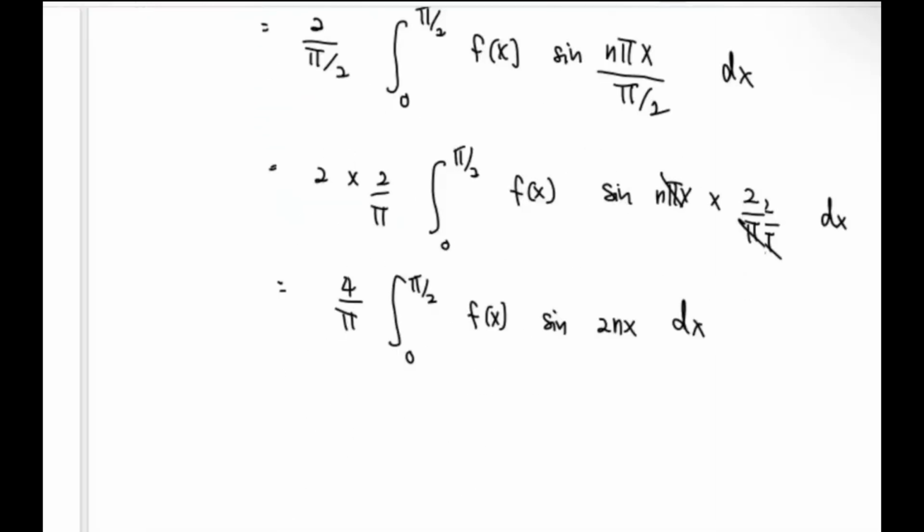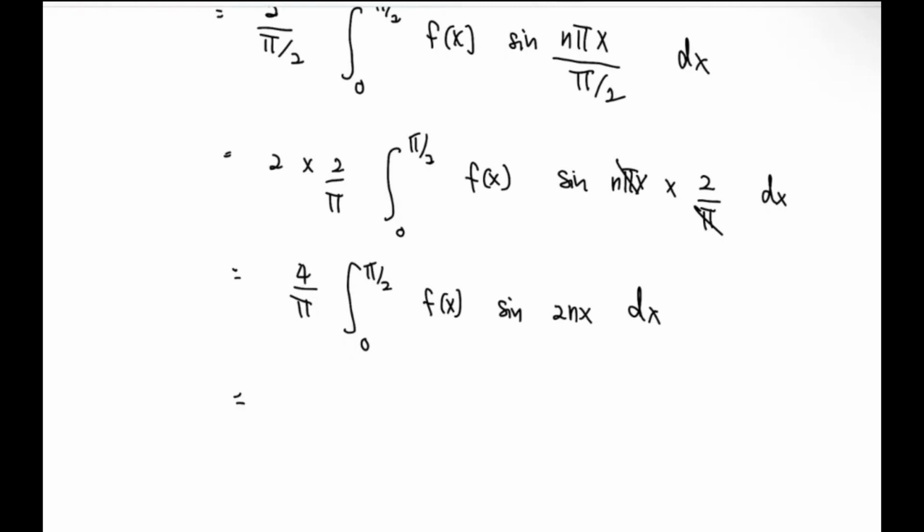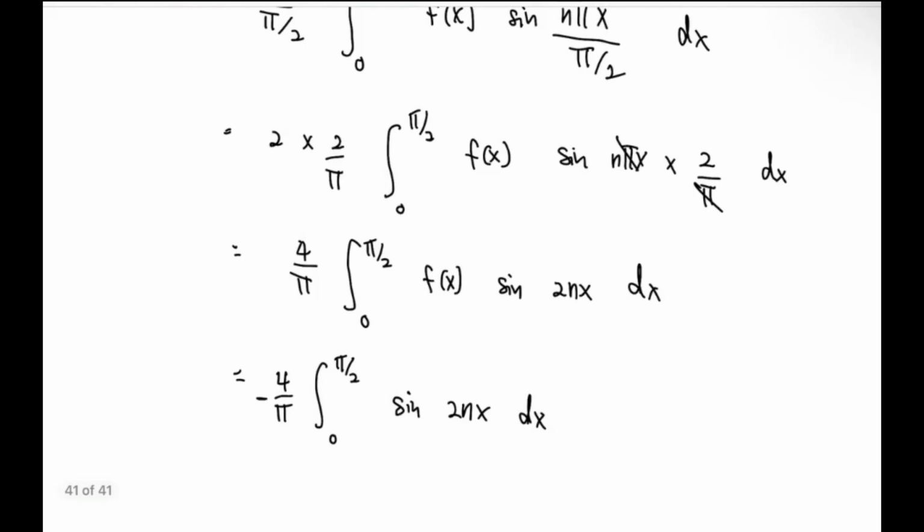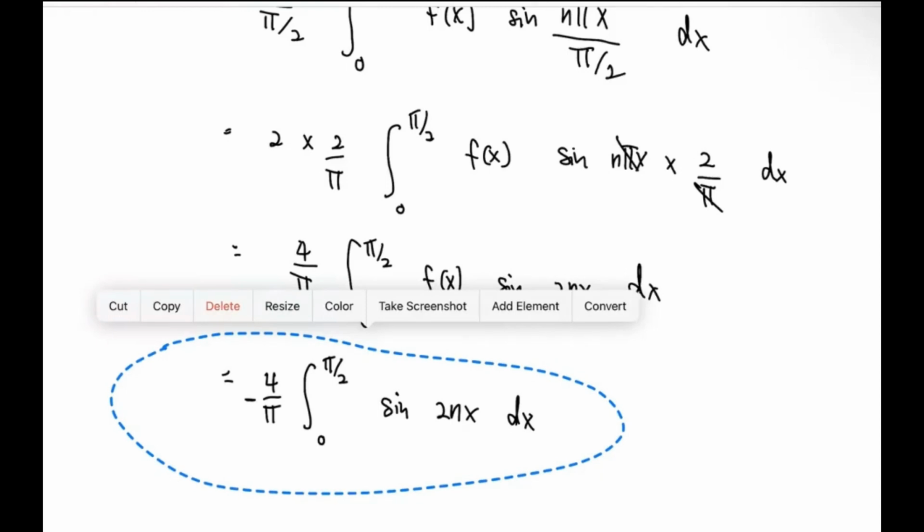Hence, this is the integration of 4 over pi from 0 to pi over 2. f(x) is negative 1, so negative 1 I can put here, negative 1 sine 2nx dx. Let's copy this one. Next page.